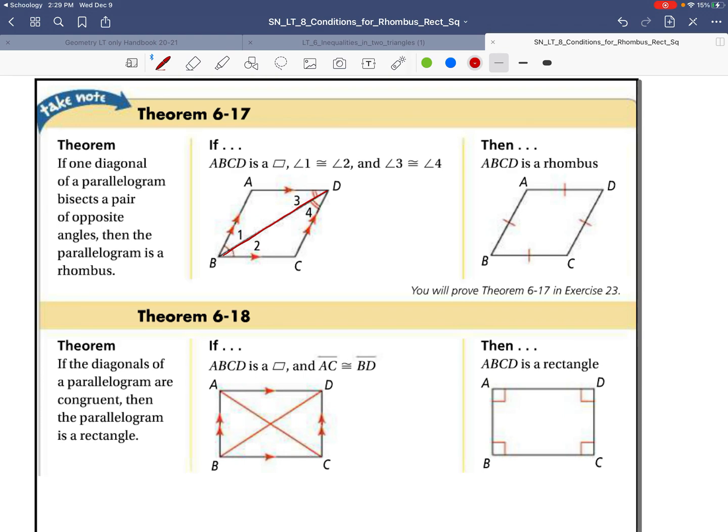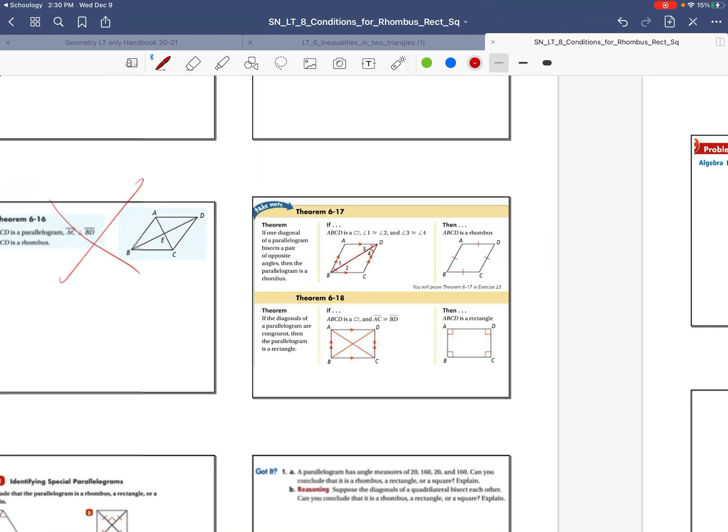Next theorem: if the diagonals of a parallelogram are congruent, then the parallelogram is a rectangle. You'll start to notice these feel like converses of theorems we've had in the past. This allows us to say this parallelogram is a rhombus because of certain properties, and this parallelogram is a rectangle because of other properties.